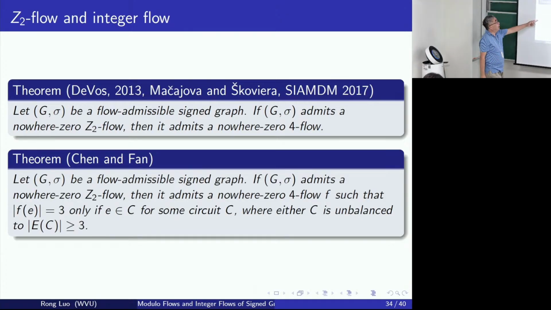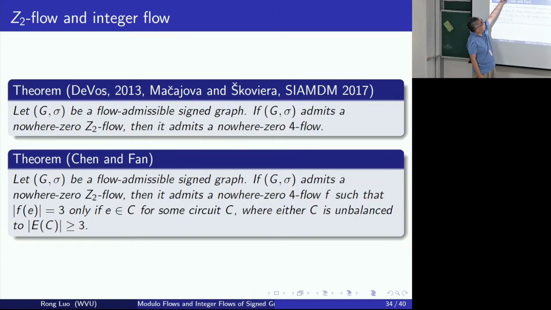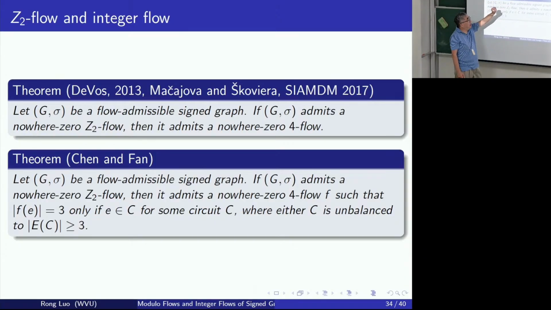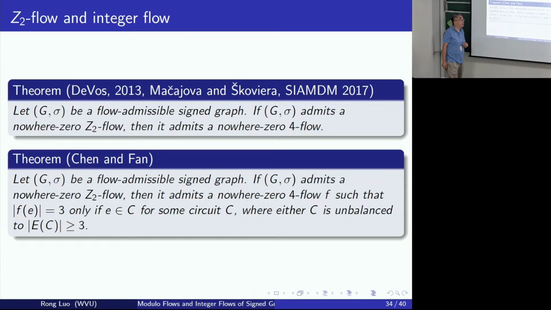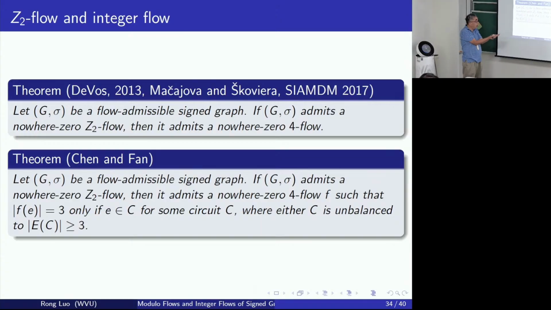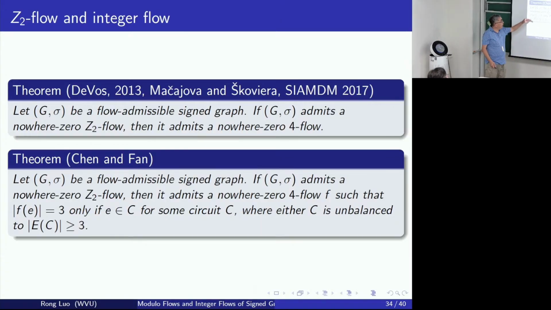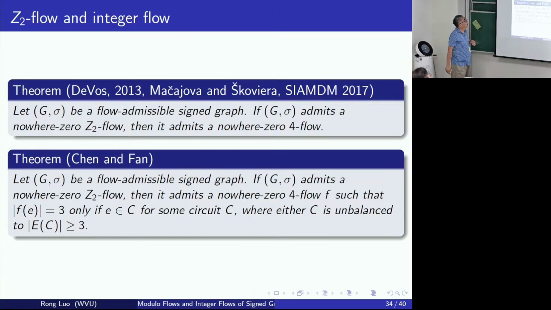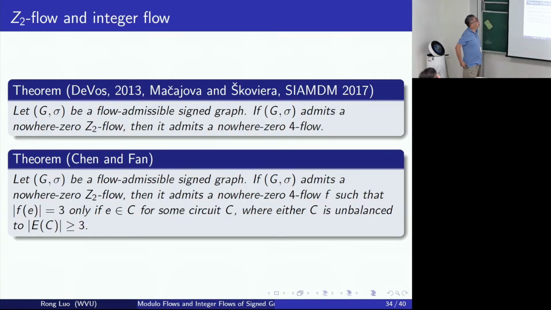Chen and Fan also improved the result. A Z4 flow means we have flow value 3. They can also prove that there must be a circuit such that all the edges with flow value 3 or negative 3 are on this circuit. So they can control the edges with flow value 3 or negative 3. It might be useful, but I still don't know how to use it.